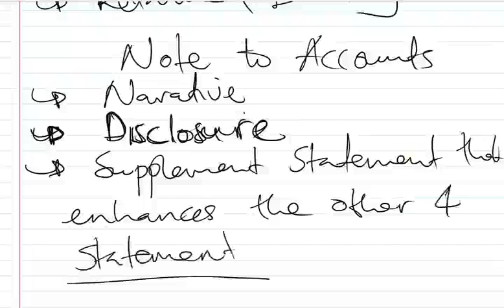It is trying to explain whatever is already in the financial statement, or trying to disclose other items that have not been included in the financial statement for whatever reason. We'll see some of the reasons why we are not supposed to include it in the financial statement, but we should include it in the notes to the account. So those are the statements.